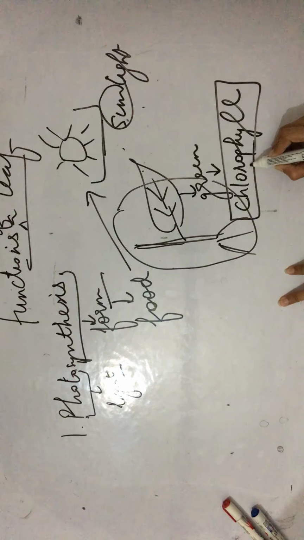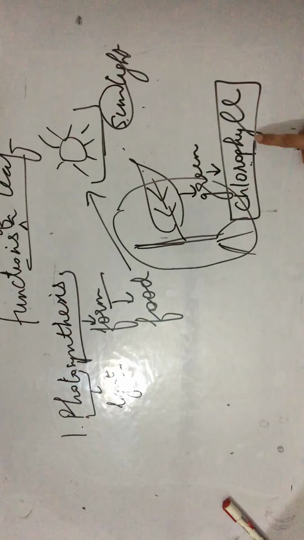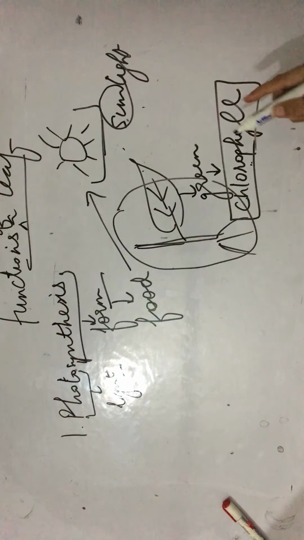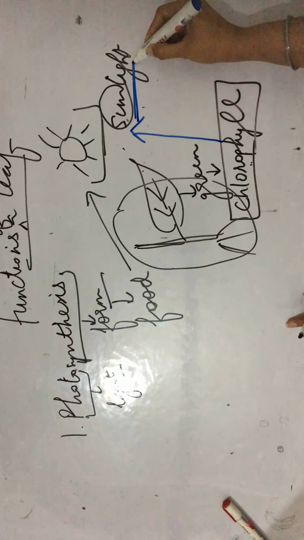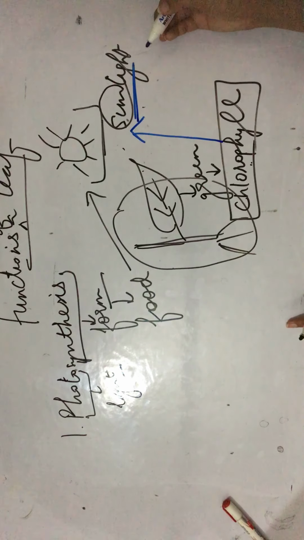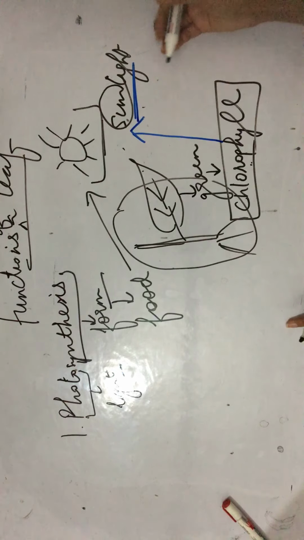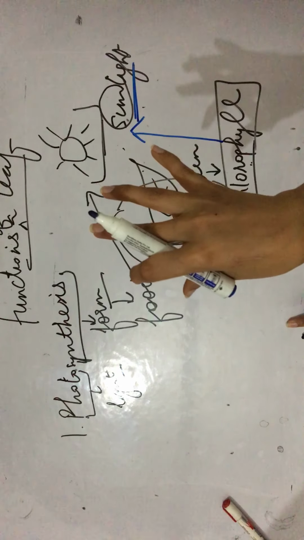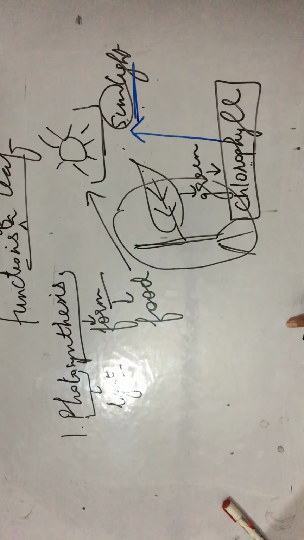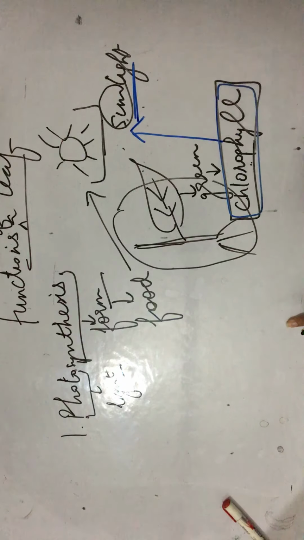Now this chlorophyll which is present inside the leaves helps the plant to absorb sunlight. Sunlight cannot directly enter the plant. Now it just falls on the plant. So how does the plant store that energy? How does the plant keep that energy inside it? It is by the help of that pigment which is chlorophyll.